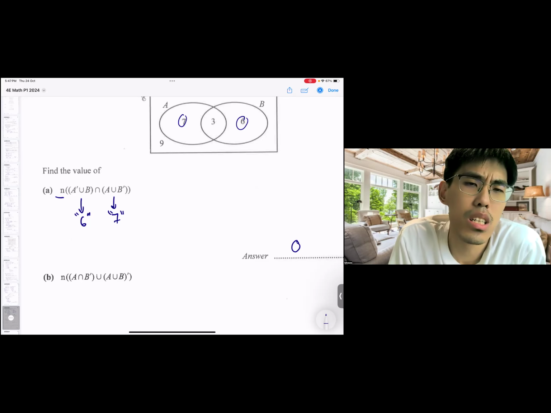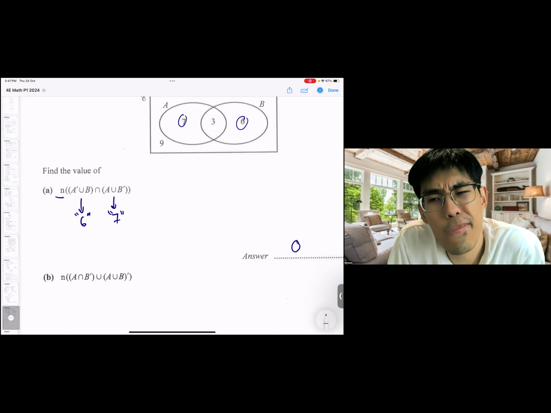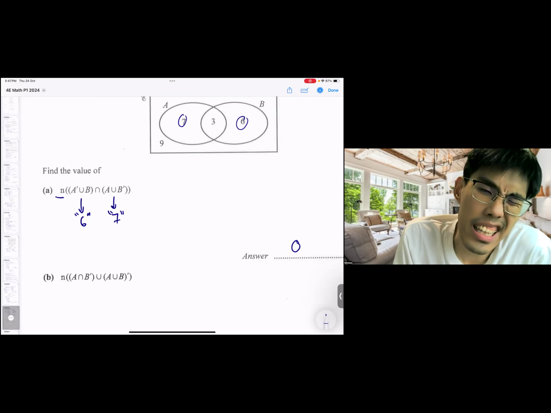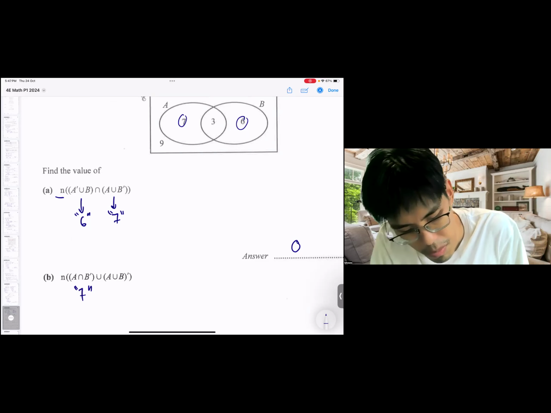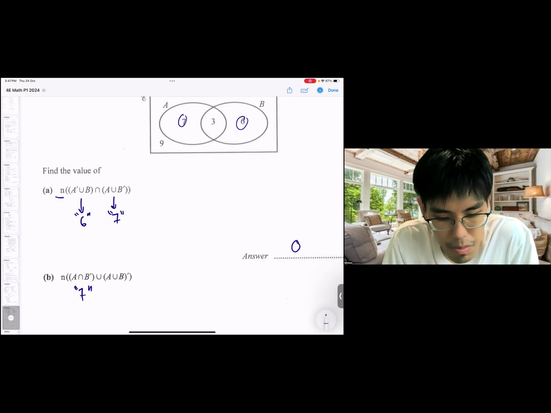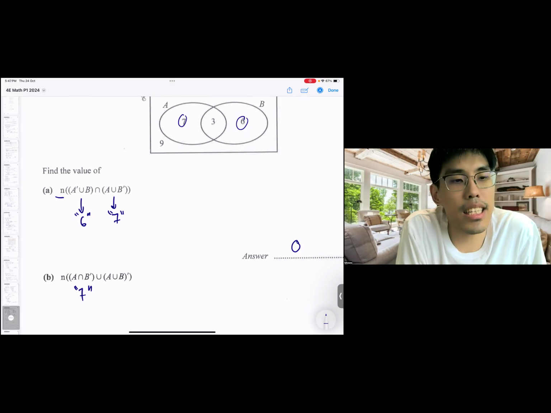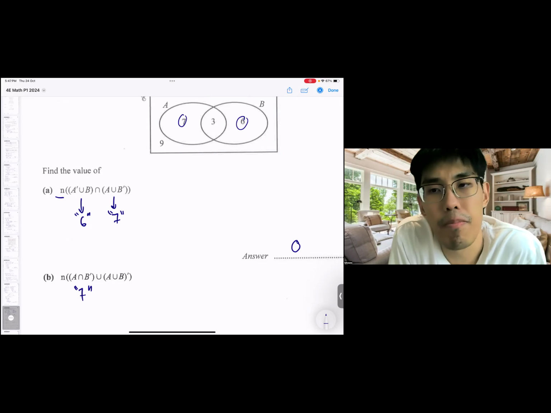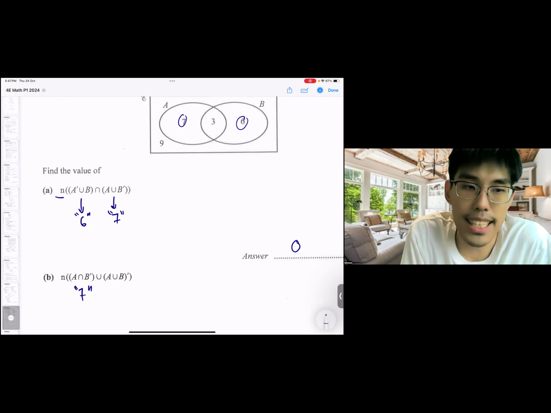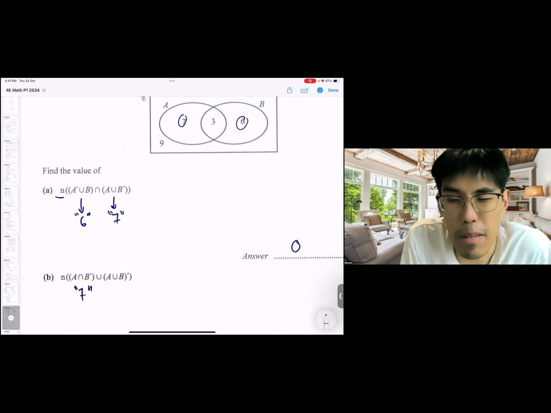A intersect B prime is 7. You see, but this A intersect B prime, will it be the same as my A union B prime? Is this going to be the same? That's the question I'll ask.